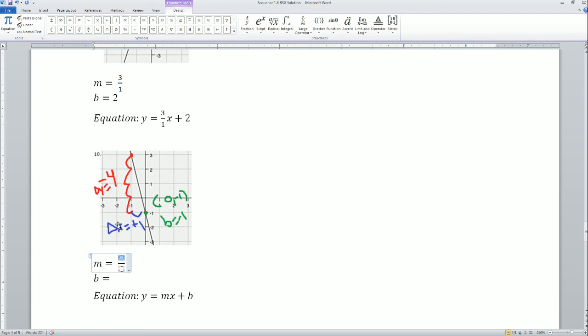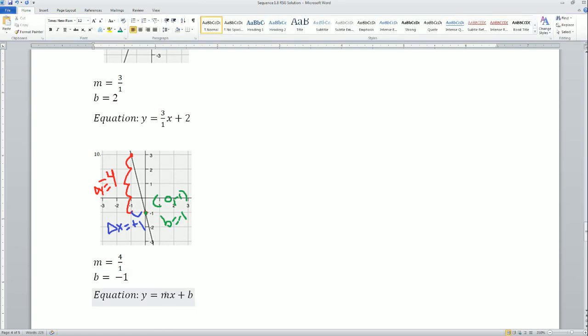No, wait. Looks like it's 4 over 1. Likewise, the y-intercept here looks like it is -1 because it is crossing over -1. So you plug this into the equation. The m is the 4 over 1, which is the slope, and the y-intercept here is -1. Okay? There you go. That was how the equation would look like in y equals mx plus b format.